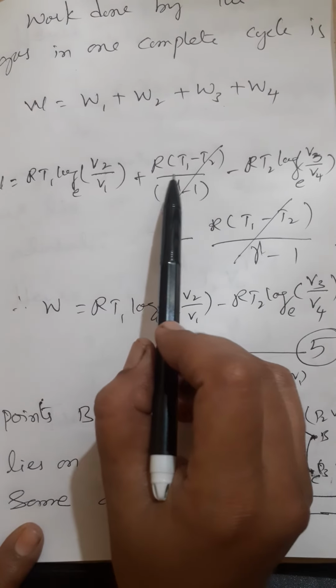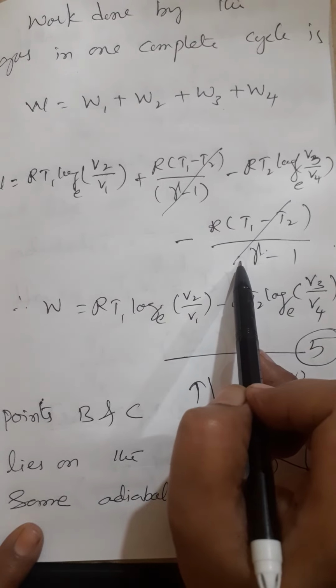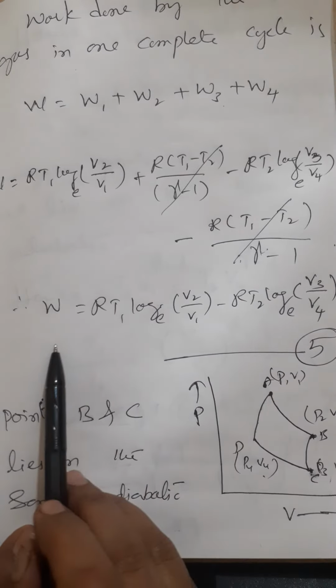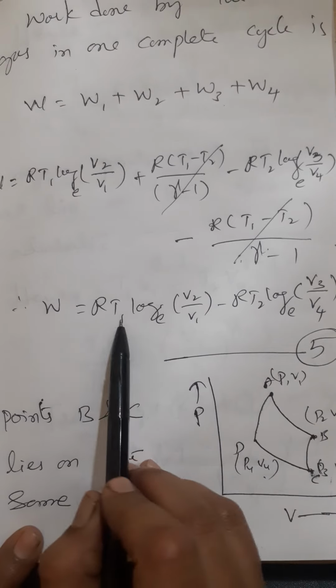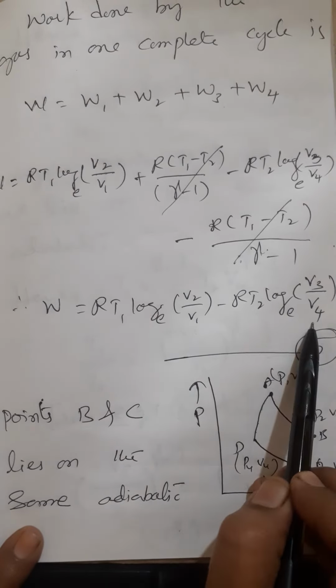W2 and W4 are the same with plus and minus signs, so they get cancelled. Now we get R T1 log_e V2 by V1 minus R T2 log_e V3 by V4.